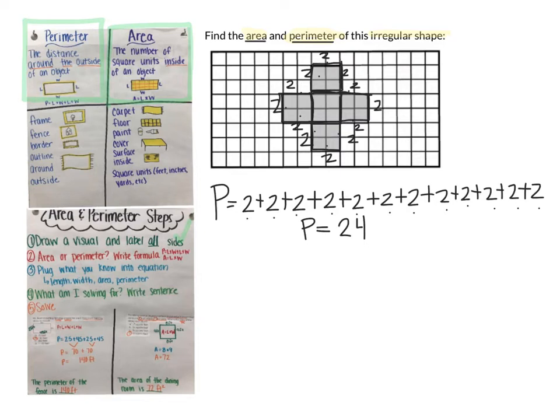Next, we're going to solve. So my formula for area is area equals length times width. We are solving the area of 5 different squares, so I'm going to write the formula 5 times.